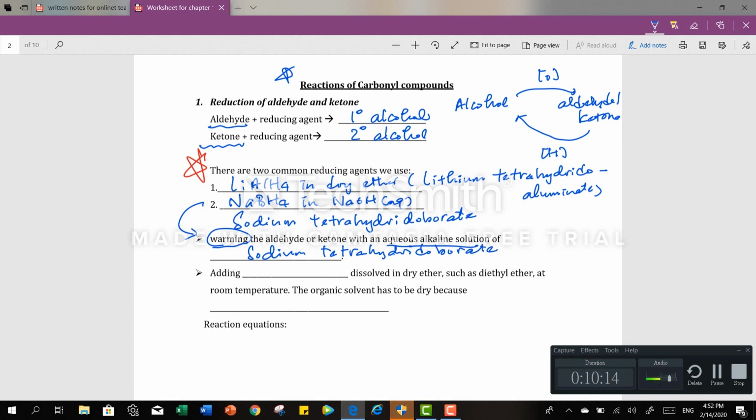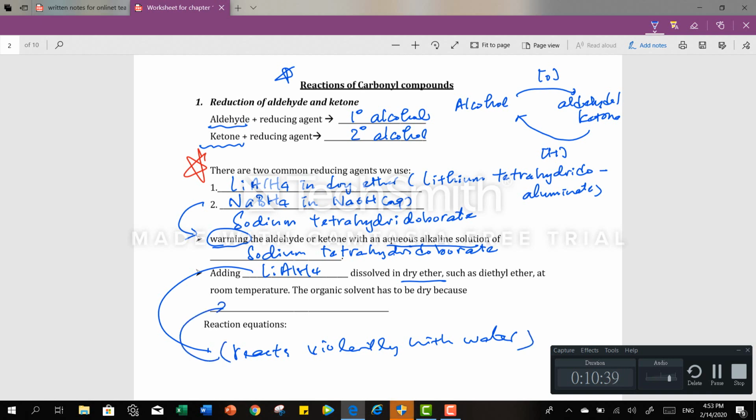Or you can use LiAlH4, but you have to use dry ether because, as I told you, LiAlH4, if you remember, reacts violently with water. So the organic solvent has to be dry.